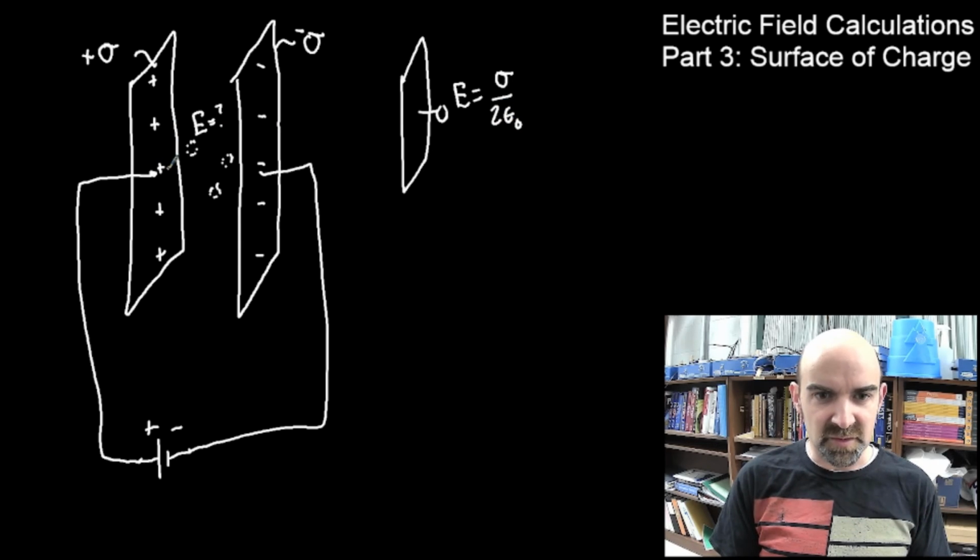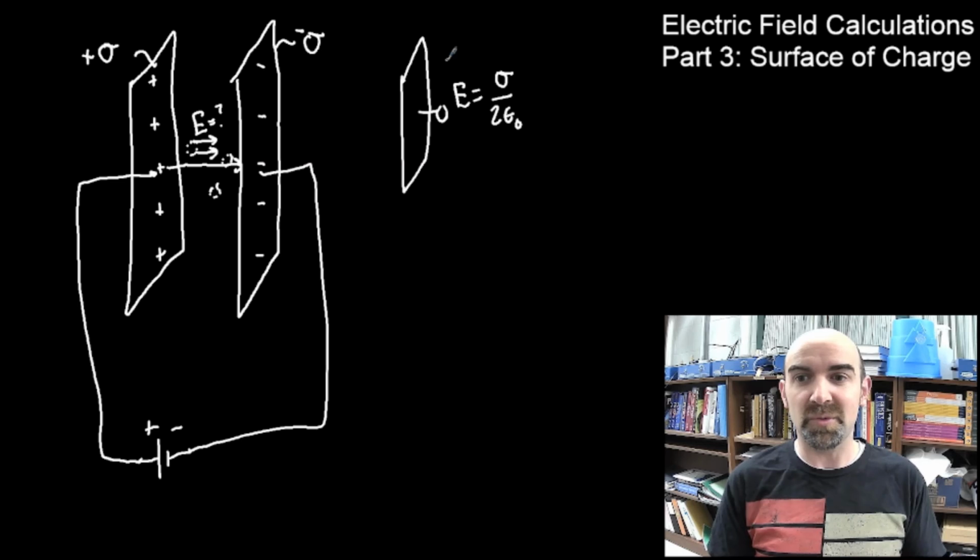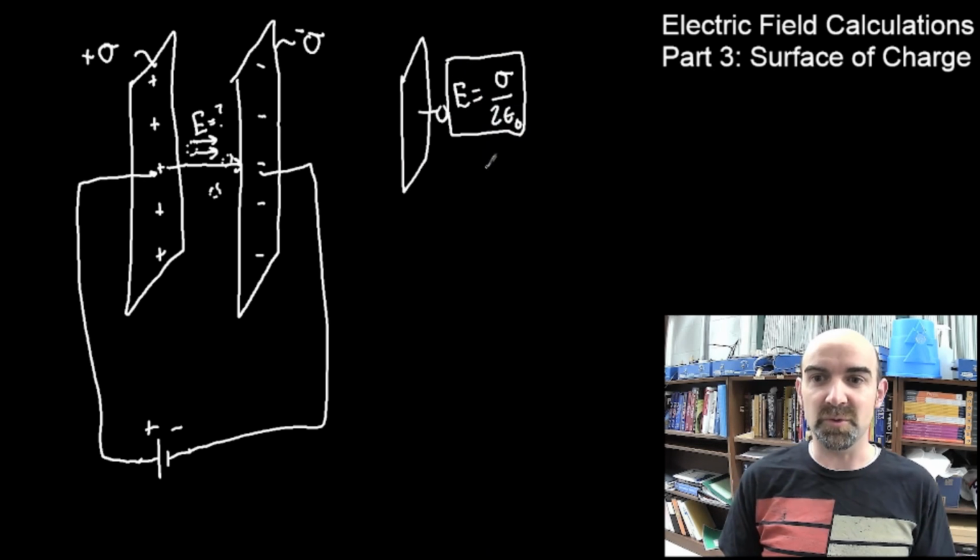Here we've got the electric field lines going from the positive toward the negative. So the electric field at this point due to the positive plate is that way, and the electric field due to the negative plate is also that way, and they both have a magnitude of sigma over 2 epsilon naught.